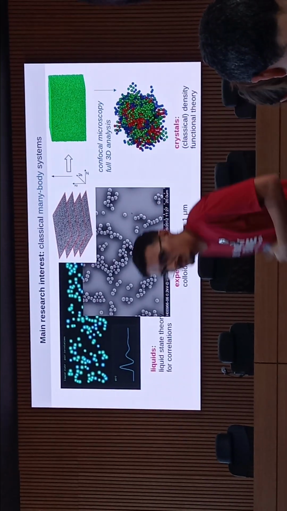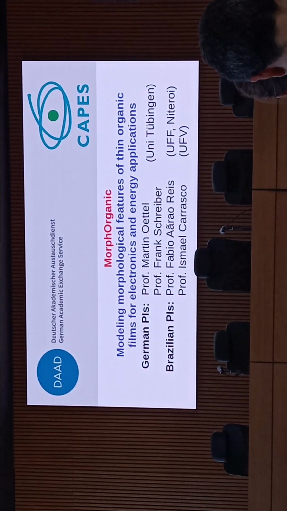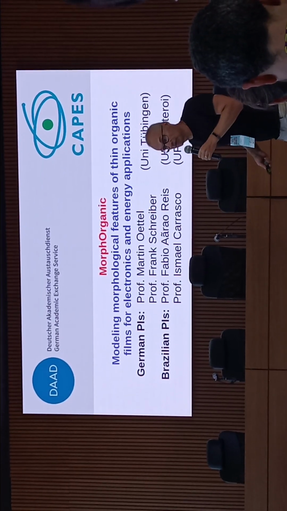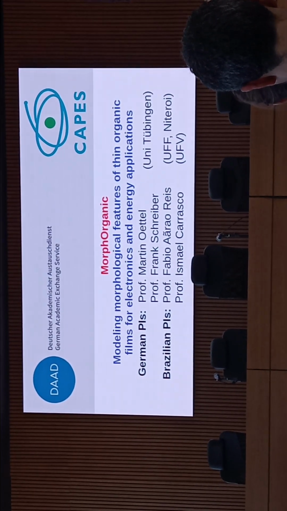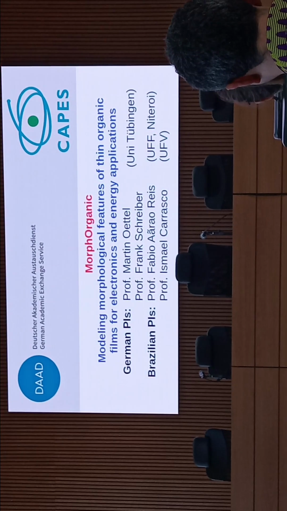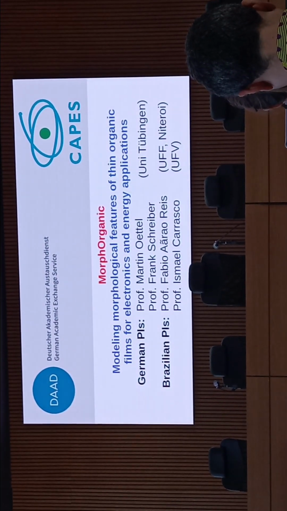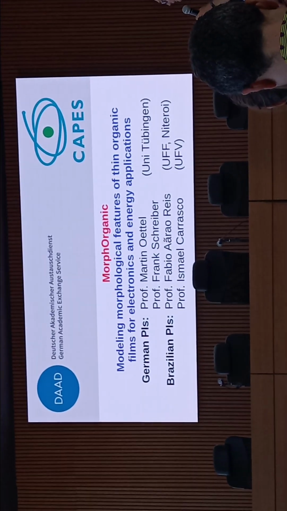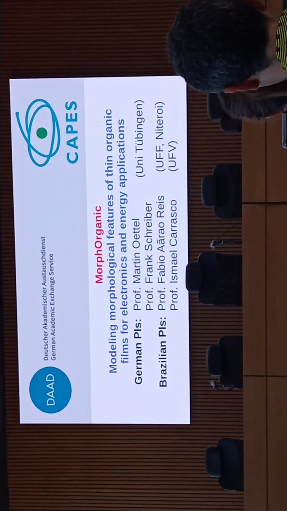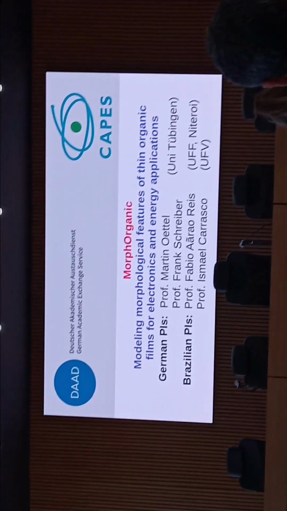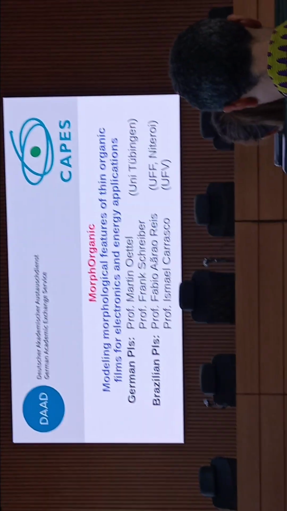The final slide of the presentation of myself is why am I here in the first place? There is a joint project, running for about 4 years now, between Brazilian and German institutions. The German place is Tübingen, and this is financed by the German Academic Exchange Service and CAPES on the Brazilian side.